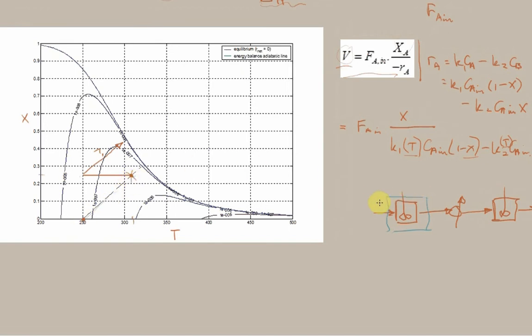And then what we could do when trying to work out what this line would look like is simply draw a box from the inlet point right across like so. And now, of course, we also do have this heat exchanger, and there is heat being added to this box. So we should extend this.